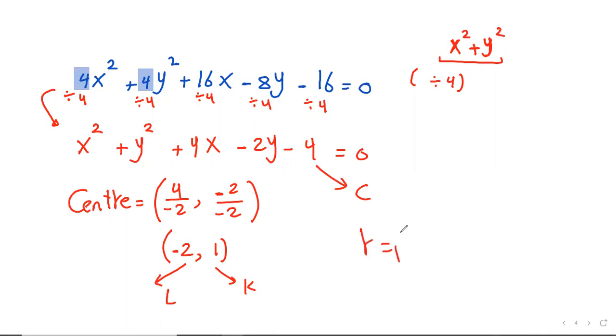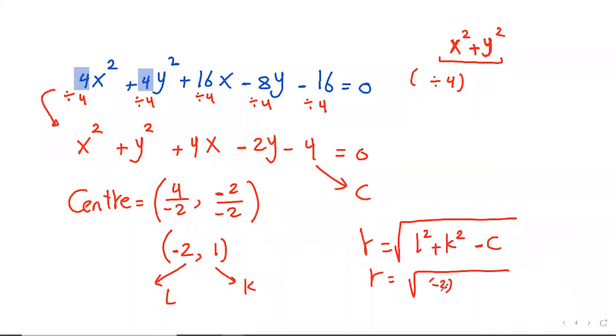How can we get the radius? The radius is the square root of L to the power of 2 plus K to the power of 2 minus C. So the radius equals the square root of negative 2 to the power of 2, which is 4, plus 1 to the power of 2 minus negative 4. I got confused with the minus and forgot the minus of the negative 4.